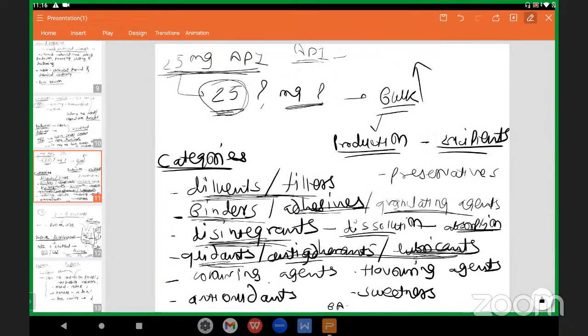Clear this? हम इसको individually discuss करेंगे. When we go with the glidants or individual particles, we will discuss that.